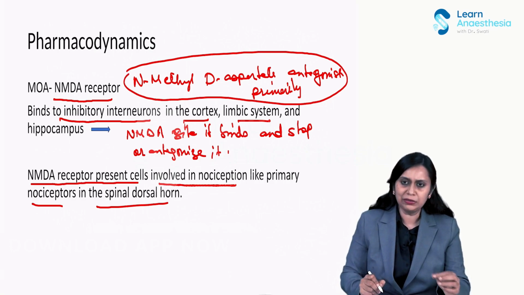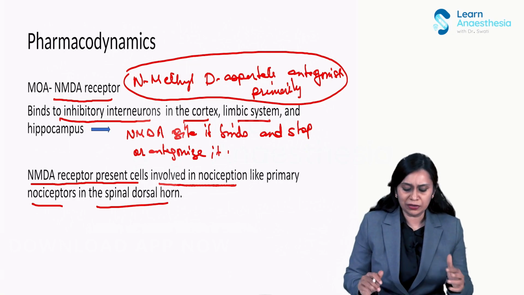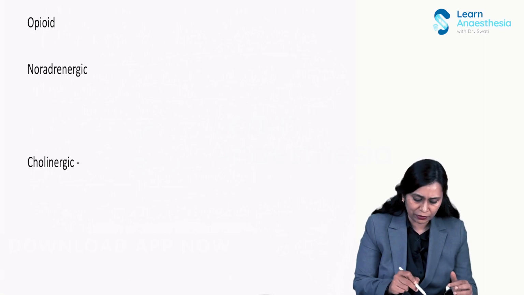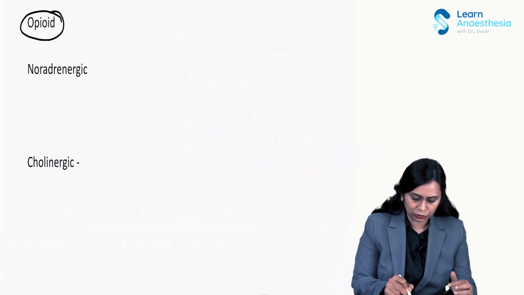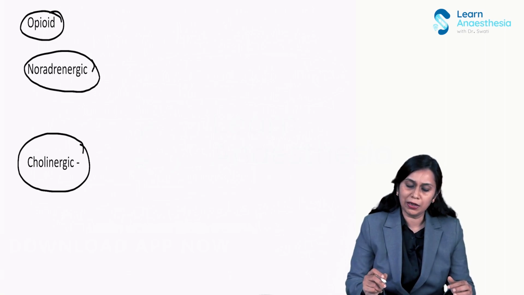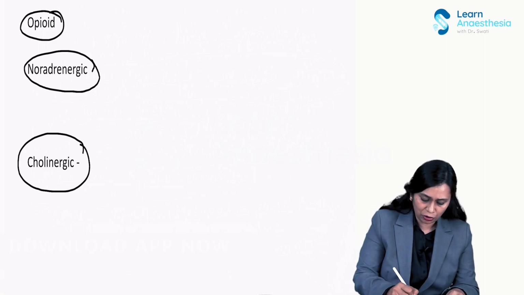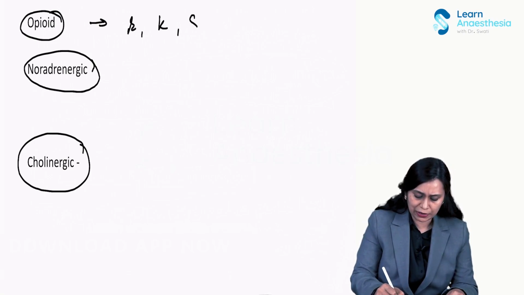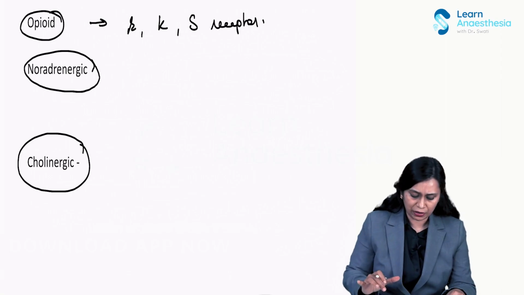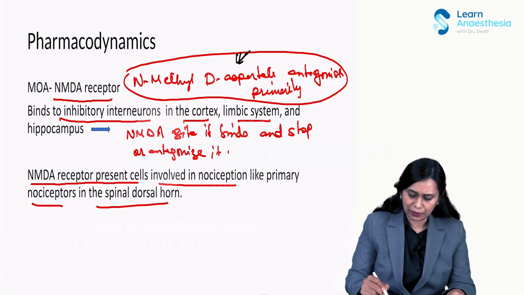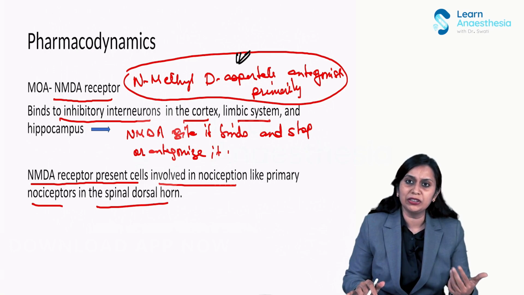Apart from this, it can also act on some other receptors, like opioid, noradrenergic and cholinergic receptors, right? Ketamine can act on opioid receptors, on all mu, kappa and delta receptors, but its analgesic effect is not by the opioid receptor. It is primarily through the NMDA antagonist effect.